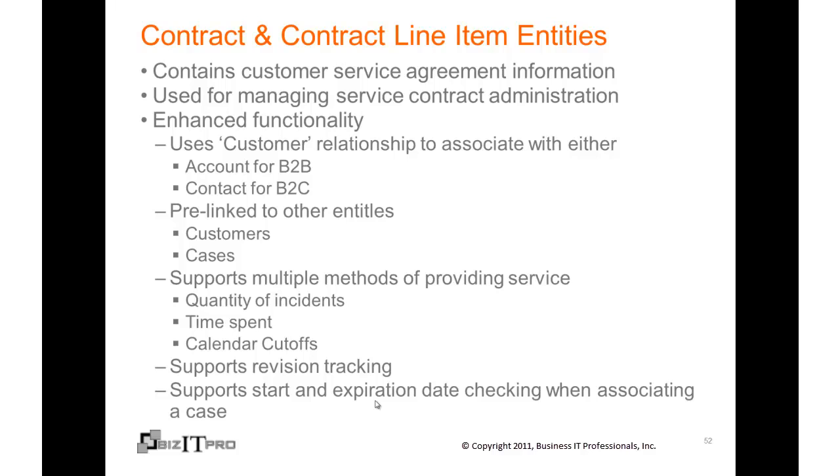It supports multiple methods of providing service based upon buying a quantity of incidents, the amount of time spent, or just an annual contract. It also supports revision tracking, so we can take a contract and revise it and use it to do a renewal. And it supports a start and expiration date, which the system checks to determine whether it's valid at any given point in time.